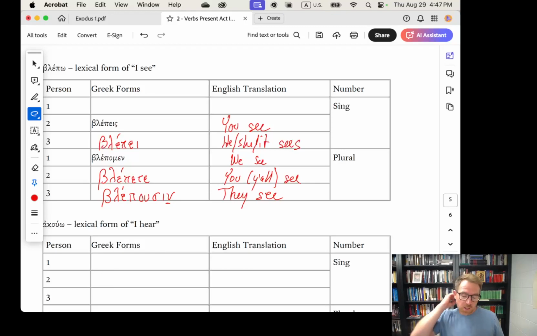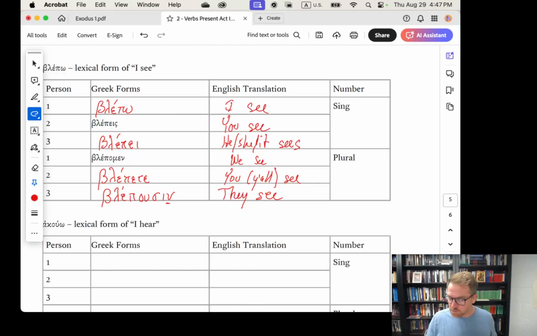Mostly in the New Testament, you're going to see a lot of these second person plurals because you have people addressing whole audiences rather than individuals, but you do sometimes see the second person singular as well. First person singular, blepo, I see. So it's helpful to test yourself by going top to bottom, front to back, starting in the middle.